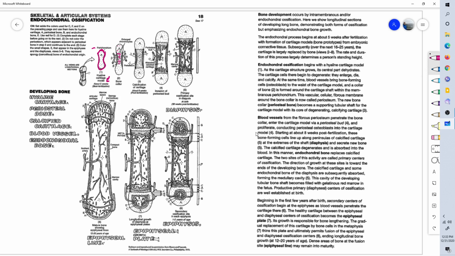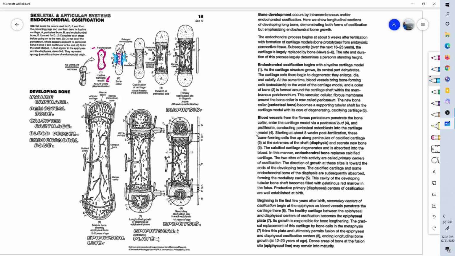And then a layer starts to develop here, a collar, a hard bony collar starts to form around the sort of waist of the bone here. And this occurs when blood vessels right here start bringing osteoblasts or bone forming cells to the waist or the middle portion.